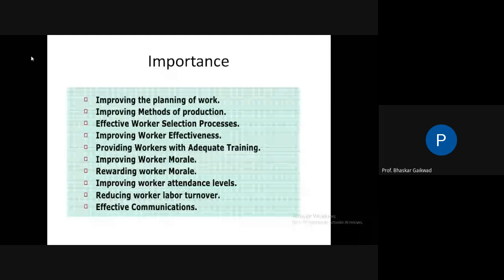Improve the worker attendance levels. Once the workers get job satisfaction, which is very important in the industry, that worker will definitely continue to work in that industry.